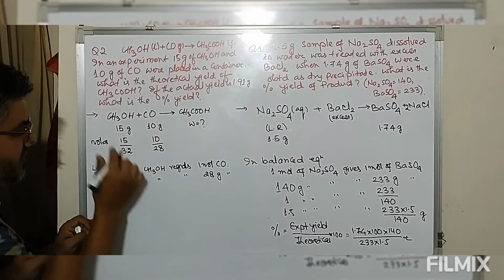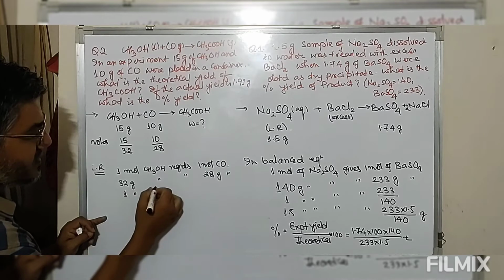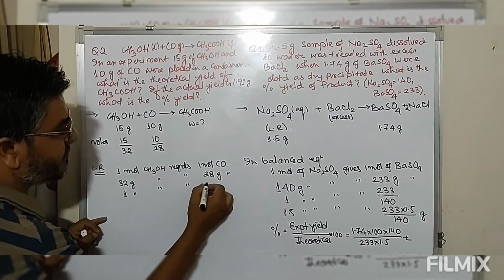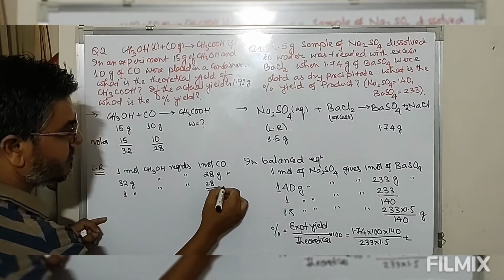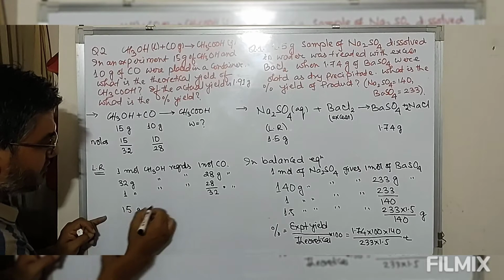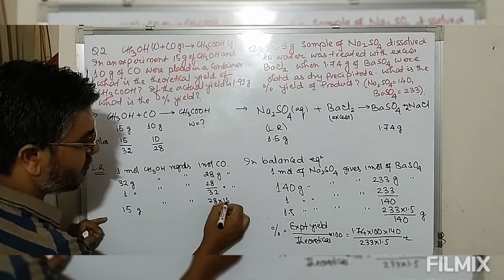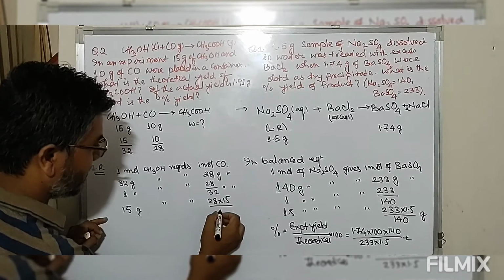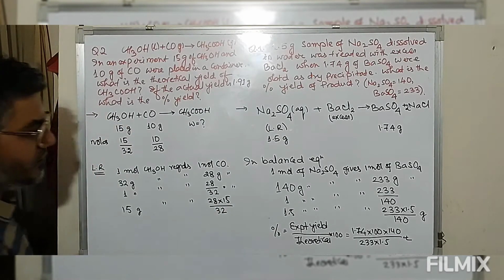So actual mass taken is 15. We have to find the mass corresponding to 15. So 28 divided by 32 gram, then for 15 gram, what is the mass requirement? 28 into 15 divided by 32.